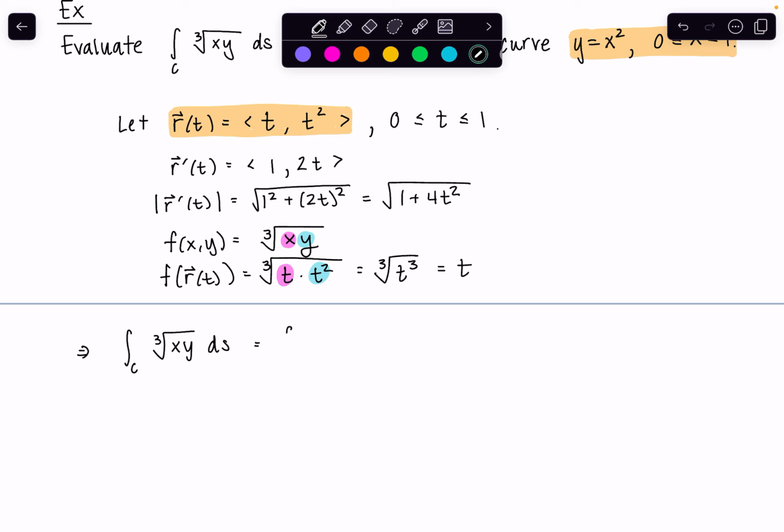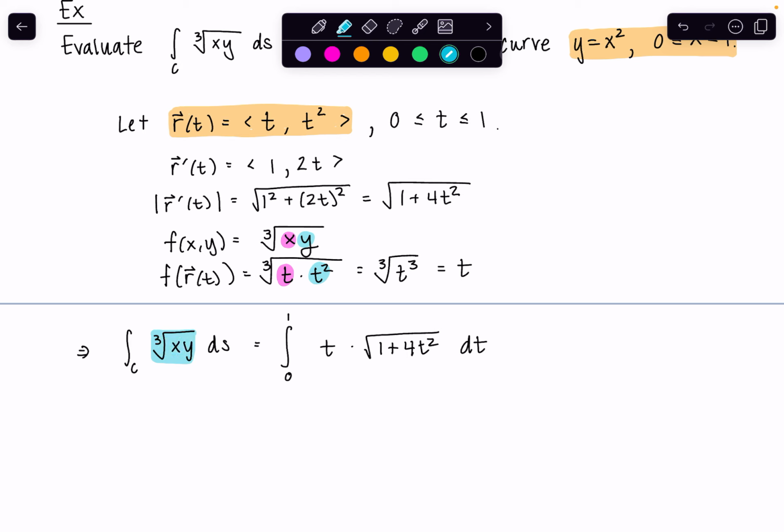We need to first evaluate the function on the curve. Well, that becomes t, because we did that. And then r prime of t dt is 1 plus 4t squared under square root. And our t is varying between 0 and 1.